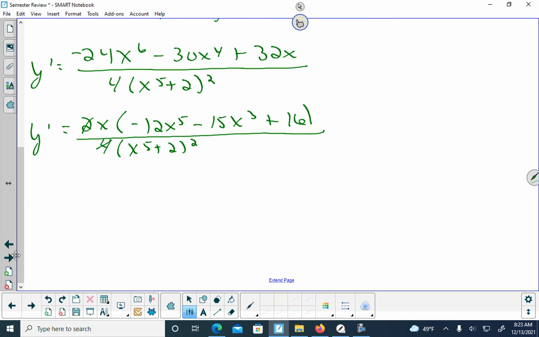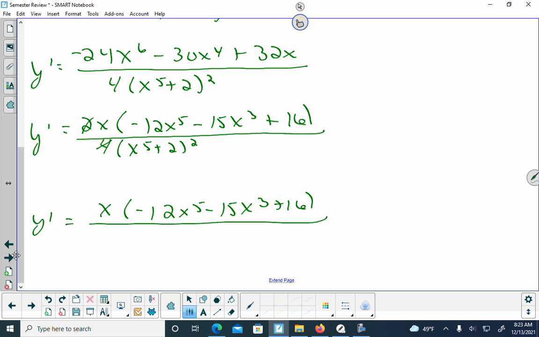Now the 2 and the 4 will simplify. We're left with this. And that is my final answer.